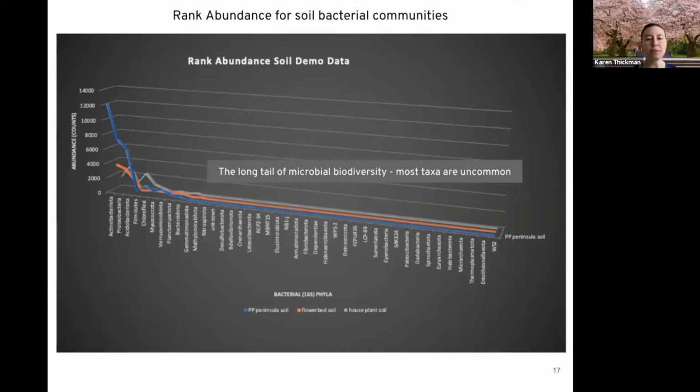So when you have replicates, would you make each one a separate line, or would you average them? How do you deal with the replicates in that context? Right. With the rank abundance, you're trying to show this diversity and how it drops off quickly.